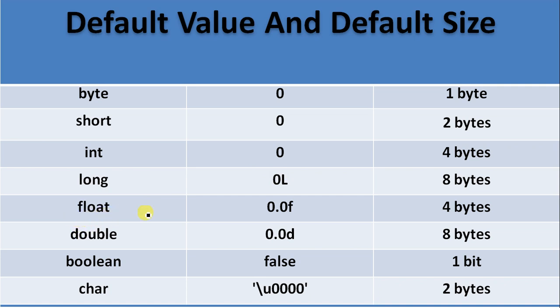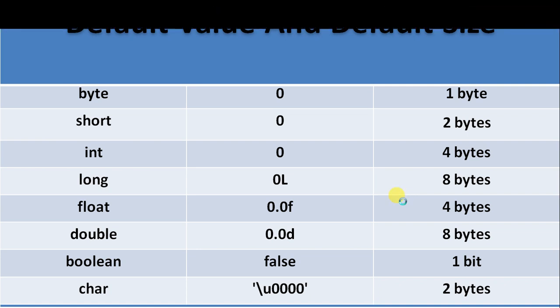Default value of float is 0.0 with suffix f, and the default value of double is 0.0 but the suffix is d. Default value for boolean is false, and the default value for the char data type is \u0000. So these all are the default values for each data type.